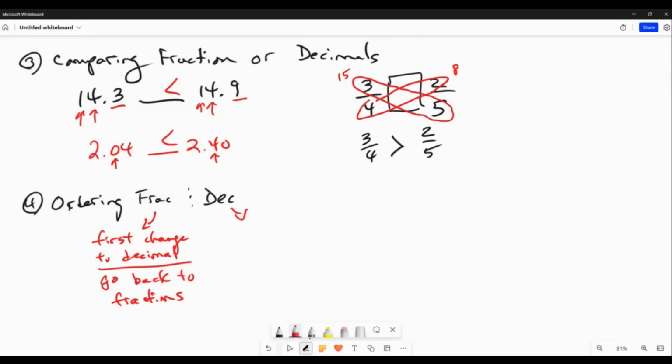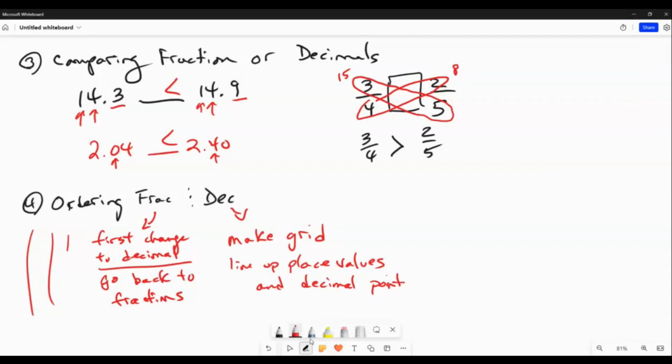With decimals, I taught you how to make the grid. Okay, and so we line up place values and decimal point. Okay, and you saw me do that earlier today when I was drawing the columns.